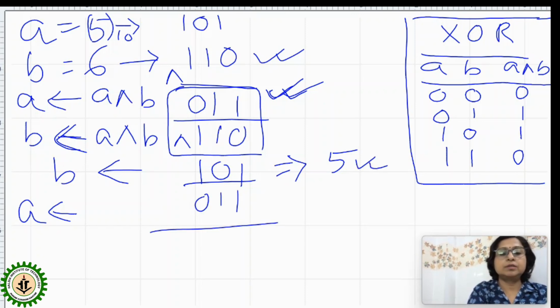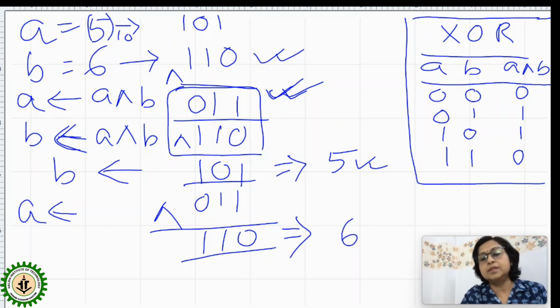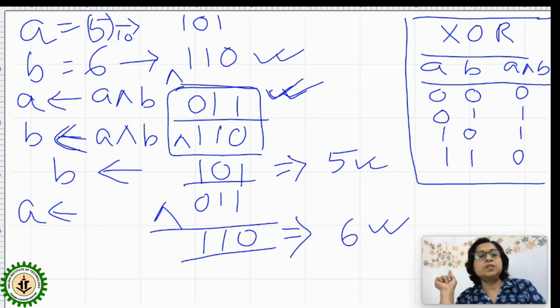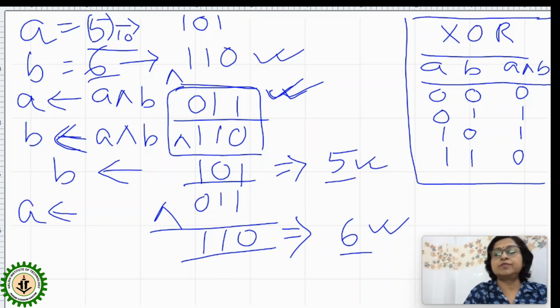Now again XOR: 011, 101 gives 110. This is stored in A. So basically what is the decimal equivalent? It is 6. So please note A was 5 but now A is 6. B was 6 but now B is 5.